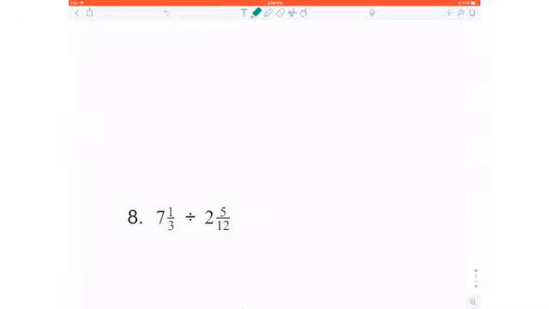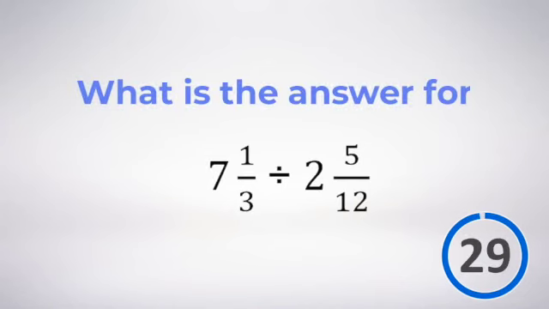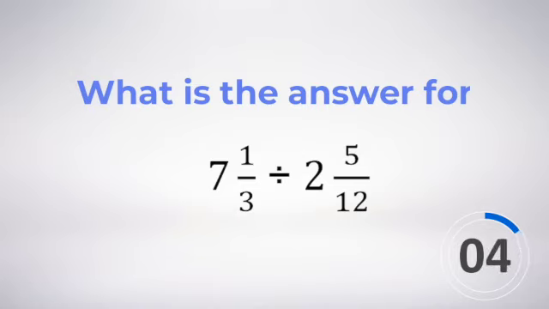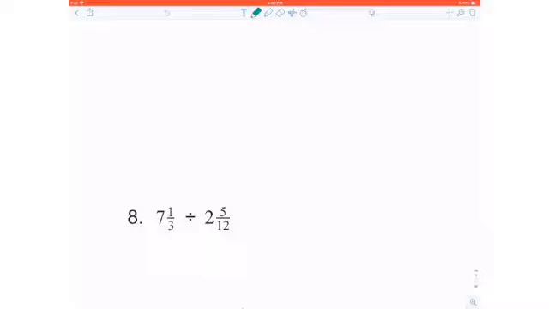If you want to hit pause, you're more than welcome to, and then I'll work it out with you. Okay, I hope you got it. If not, don't worry, I'll work it out with you now.